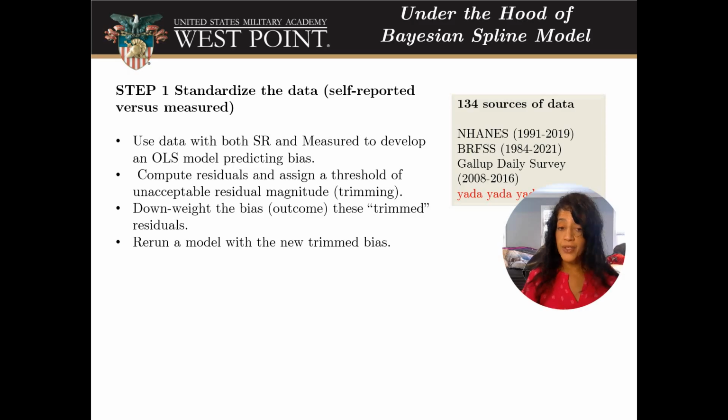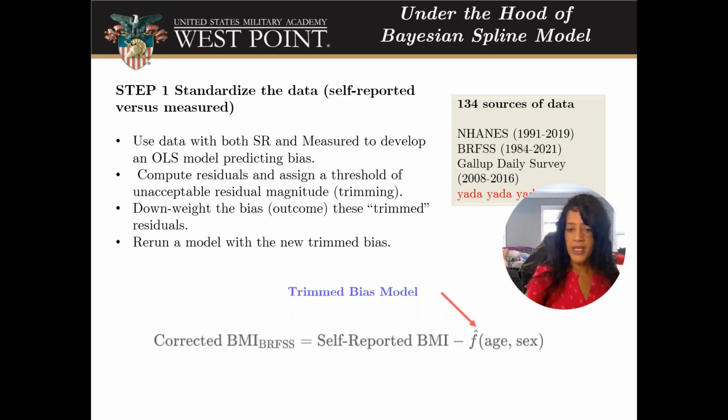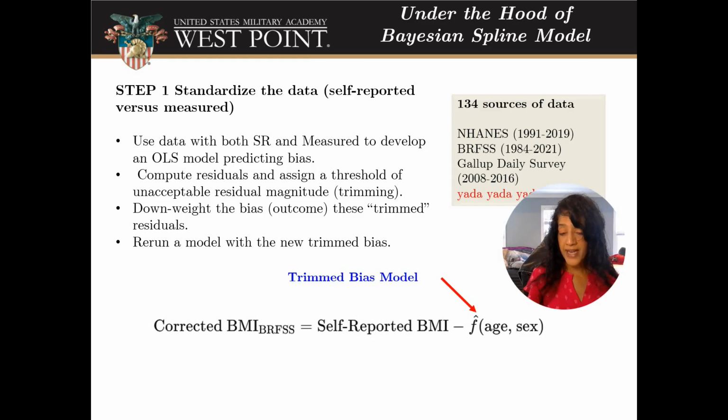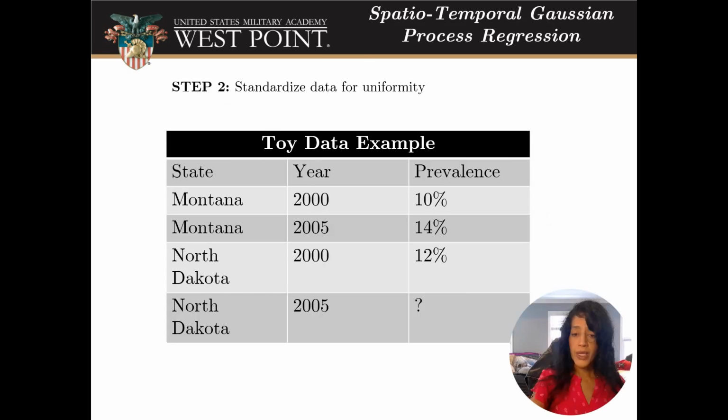And they reran a new model with this downweighted bias and the non-downweighted biases together to come up with a new model, and in this way, corrected self-reported BMI. So in BRFSS, it's self-reported. So they took the self-reported BMI and then subtracted the trimmed bias model from that to correct for it.